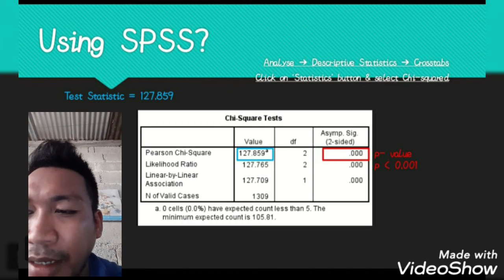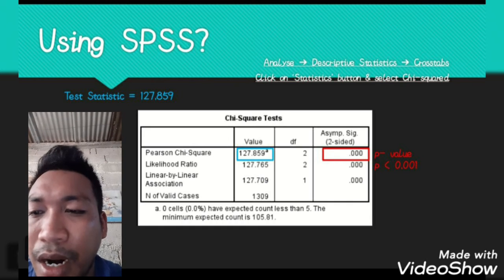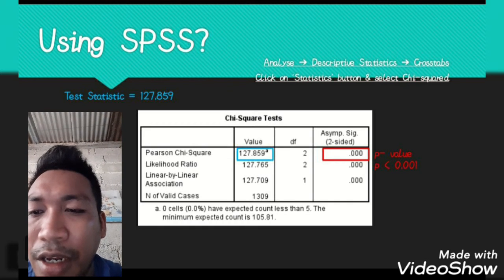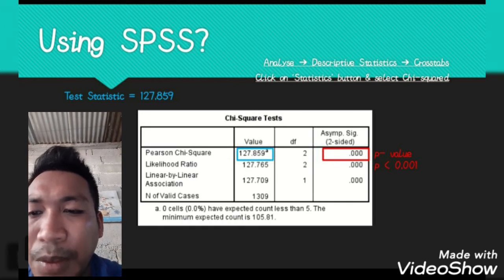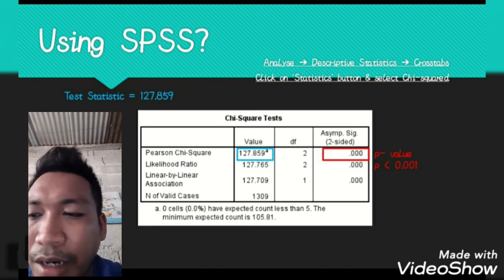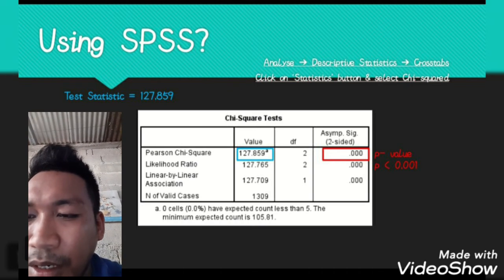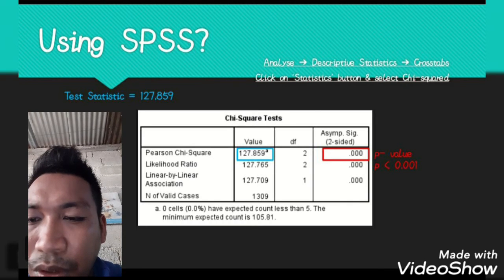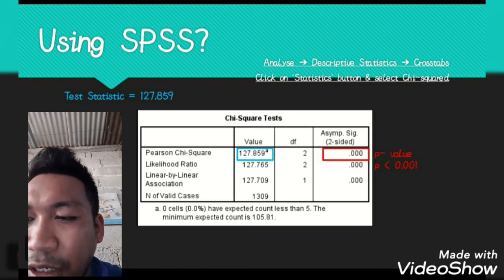SPSS is a software that is run for statistical calculation. In SPSS, there are certain clicking terms you have to familiarize yourself with in order not to mess up the flow of calculation.